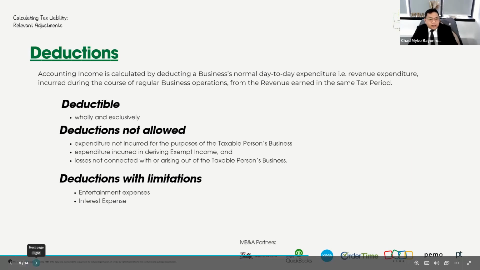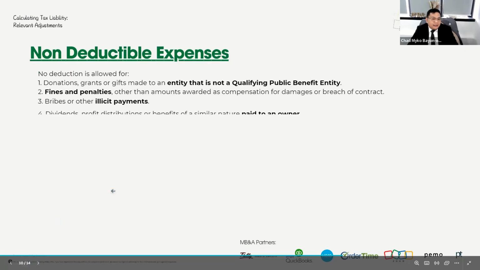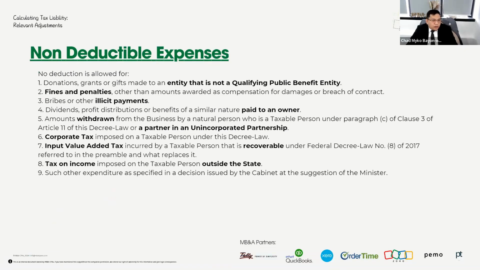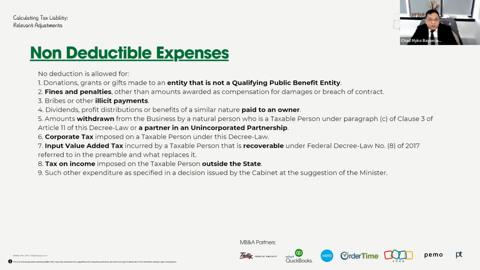Okay, so that's for the deductions in terms of the calculation of your taxable income. Now, there is also what we call non-deductible expenses. So what are those non-deductible expenses? First, your donations, grants, or gifts made to an entity that is not a qualifying public benefit entity.